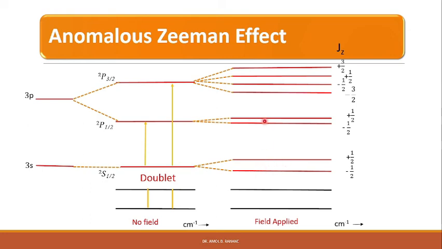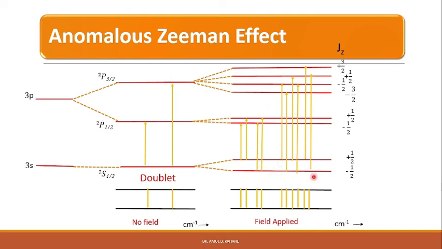We can see the splitting between these two energy levels. Since the ratio of g for this case, this splitting is thrice that of this splitting, and this splitting is twice that of this splitting. So the separation between energy levels also depends on the g values. When the magnetic field is applied, the 2S half to 2P half line disappears and is replaced by 4 new lines, while the 2S half to 2P 3 by 2 transition is replaced by 6 new lines.